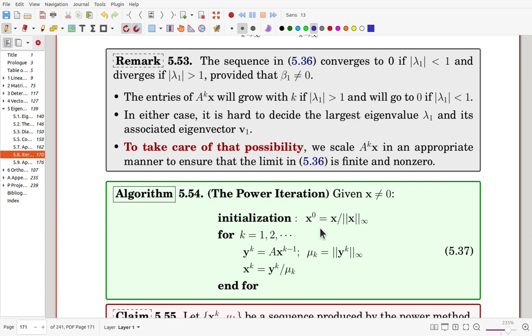For each xk, we multiply by A, save it here, measure the size, and divide by the magnitude. In this case, you may assume that mu k is approaching the absolute value of lambda 1. And later on, x is approaching the corresponding eigenvector v1.